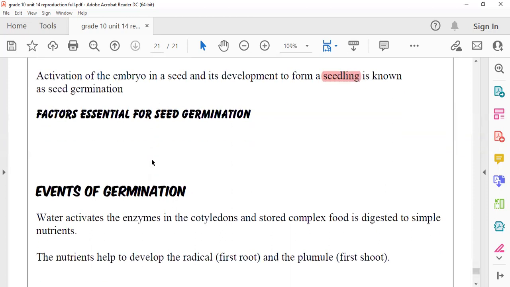For the development of the seedling, we need these conditions. Number one, we need a viable seed, a seed that can undergo germination. Another one, suitable temperature is needed.